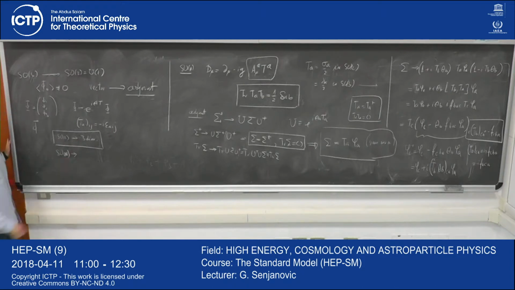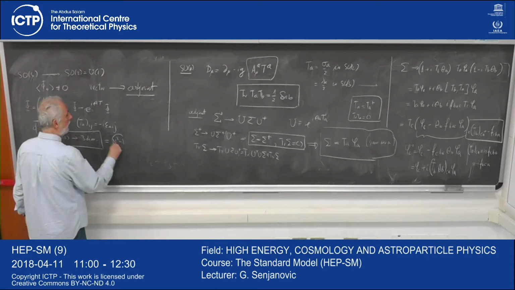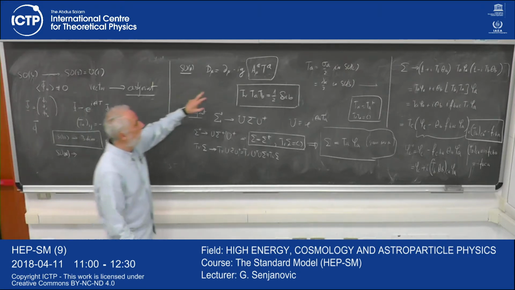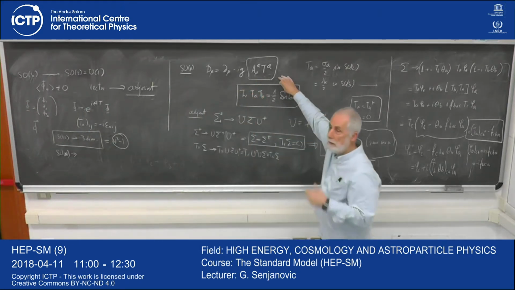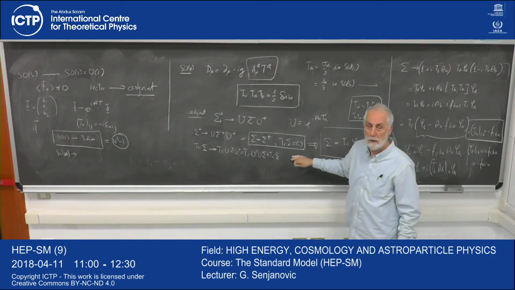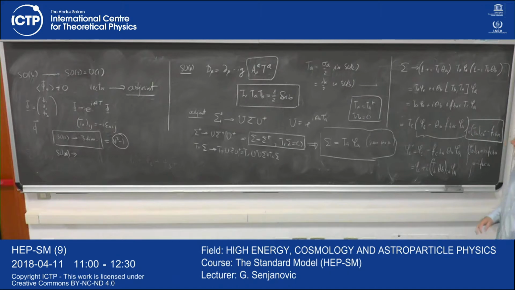How big is this representation? What is 3? I mean, 3 is many things. 3 is 2 plus 1, 4 minus 1, whatever. It's actually n squared minus 1. There will be n squared minus 1 such components, and I read it off immediately. You see the advantage of making this particular choice.